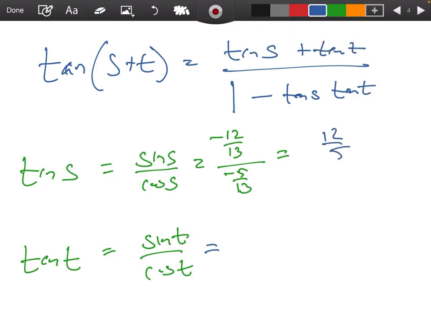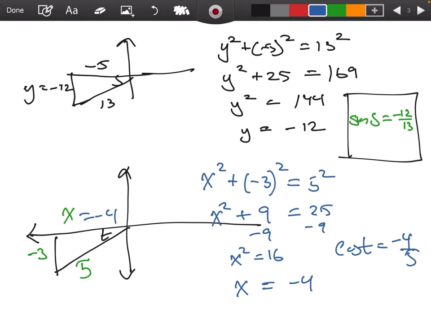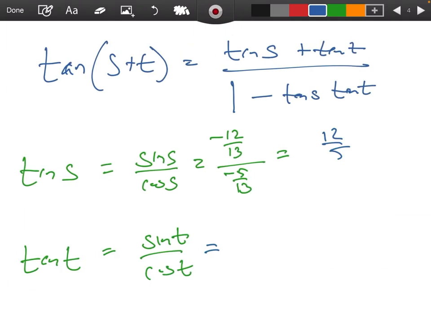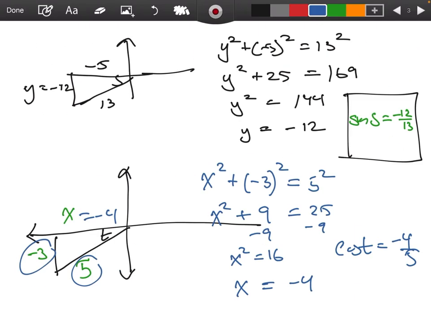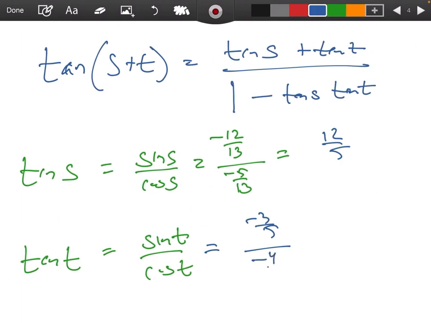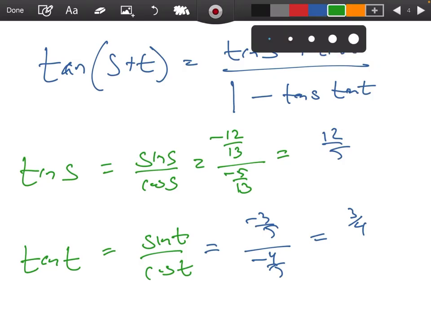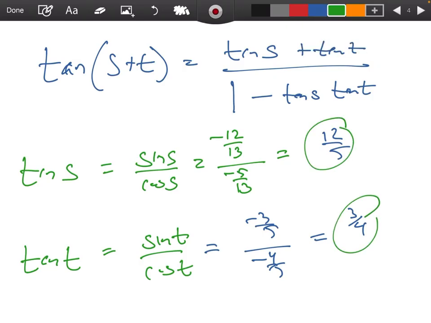Sine of t would be negative 3 over 5. Cosine of t would be negative 4 over 5. So that's going to be 3 over 4. Now I'm going to take these values and plug them in here. So let's take a look.